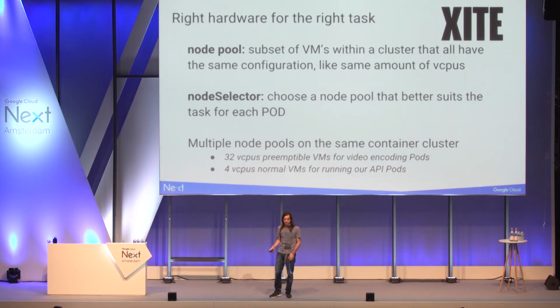And it's a very nice feature because in our case, we can have a node pool with 32 vCPU preemptible VMs just for encoding pods. And on the same Kubernetes cluster, we can have a different node pool with 4 CPU machines only for running our API pod. So this integration is very powerful because you can use the right hardware for the right job. And this, in the end, saves money.